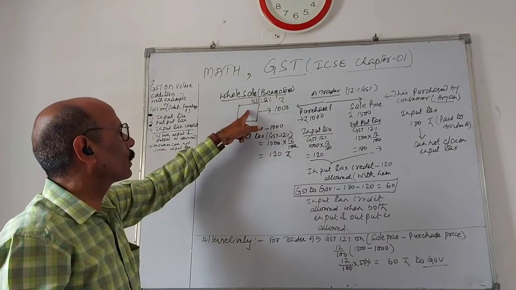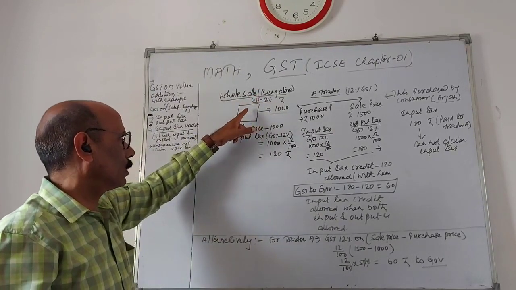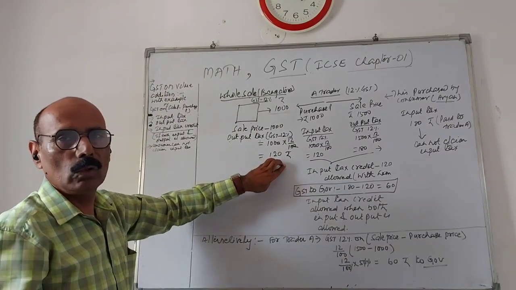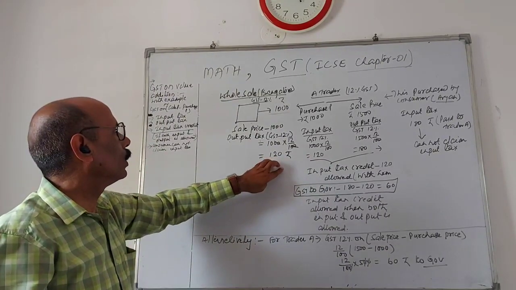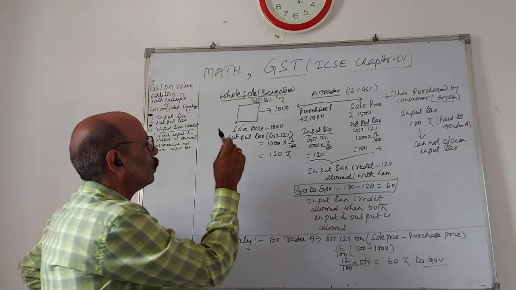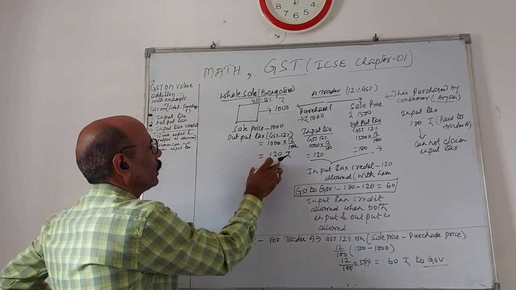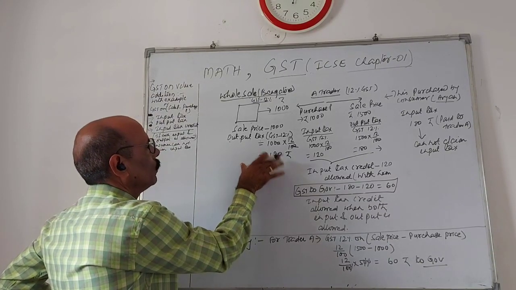The place of transaction is what? Bangalore, meaning state Karnataka. This 120 rupees will be distributed two ways. It is an intra-state transaction, within the state.